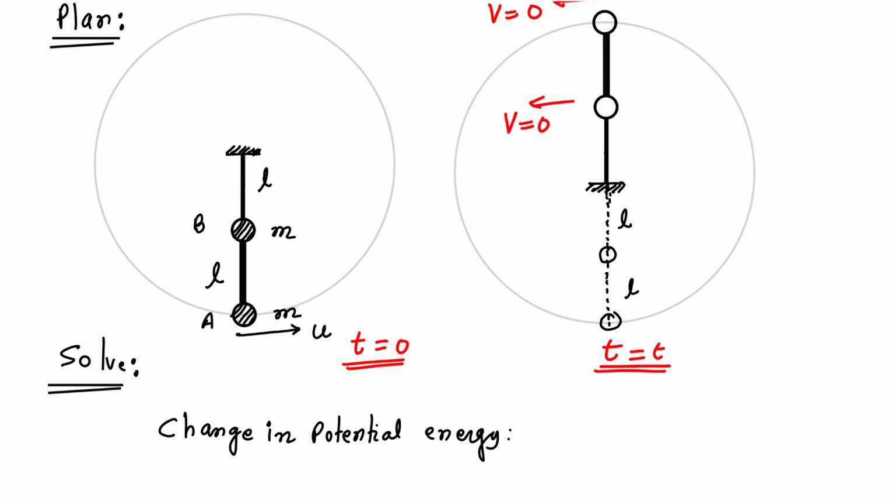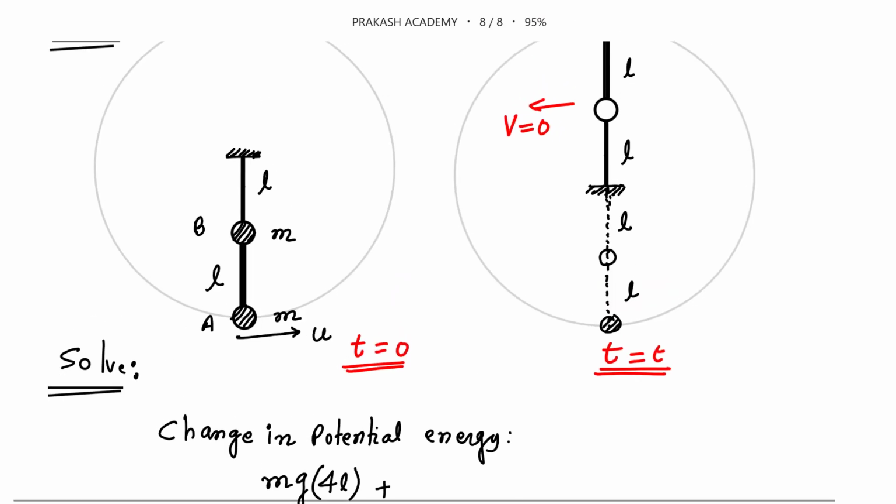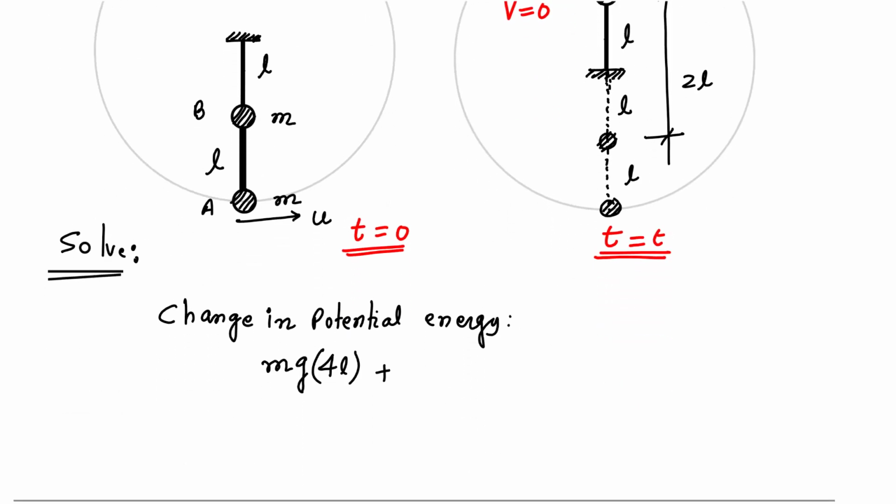This length is L, this length is L. So this mass has traveled a distance of 4L in the vertical direction, so it has gained mgh, and h is 4L. What about this mass? This mass was here, now it is here. So it has gone a vertical distance of 2L, and gained a potential energy of mg2L.